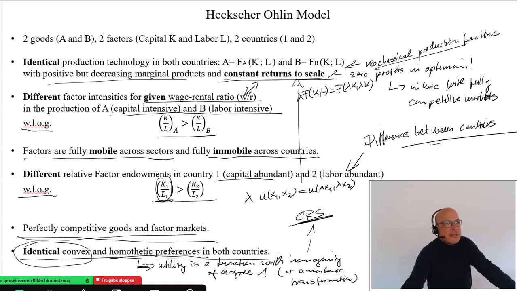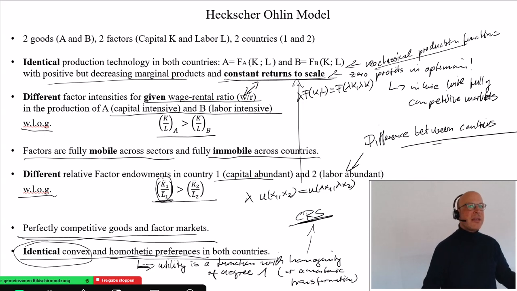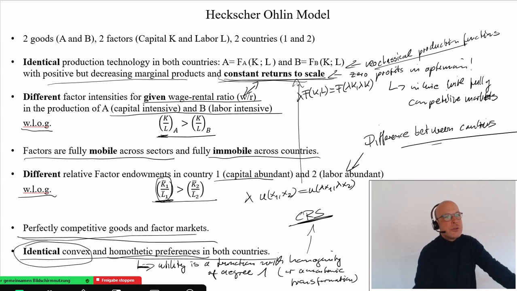But here, this then means, of course, mathematically the same as I argued in the production, that in optimum the relation of our factor inputs is constant, and this means given the price ratio, also our relative demand for the two goods is constant.